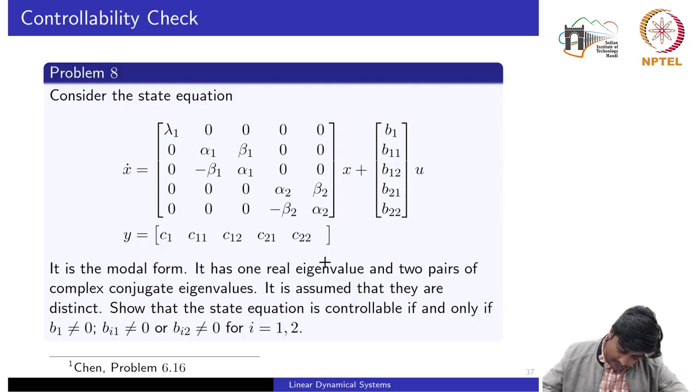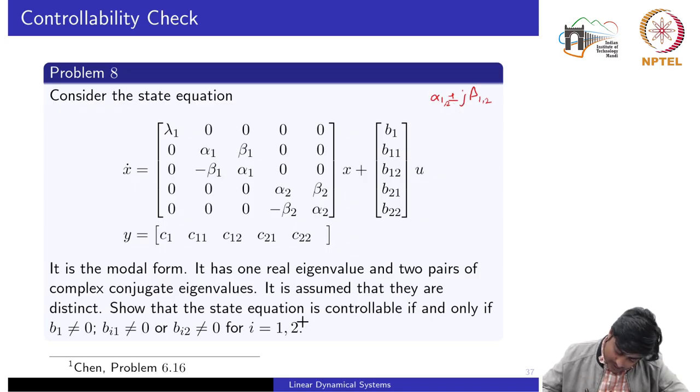It has one real eigenvalue, which is lambda 1, and two pairs of complex conjugate eigenvalues. This has been expressed in terms of the modal form, because eigenvalues occur in complex conjugate pairs, so the eigenvalues are alpha plus minus j beta, j beta 1, and similarly for 2. So all 5 eigenvalues are distinct.